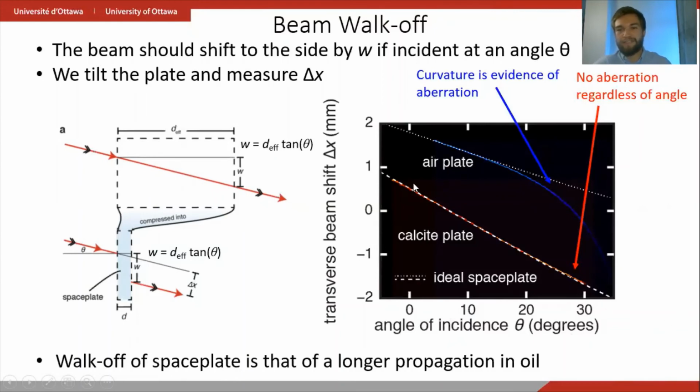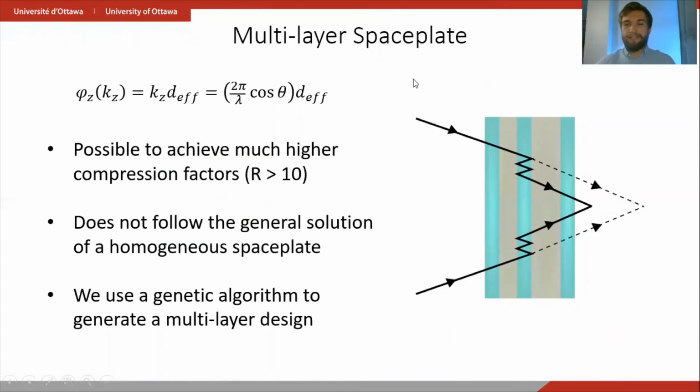And with the calcite plate, the uniaxial spaceplate, we observe no deviation from the ideal walk-off for any angle, and therefore we can conclude that the air plate has aberrations for large incident angle, while the calcite plate has no aberrations regardless of angle.